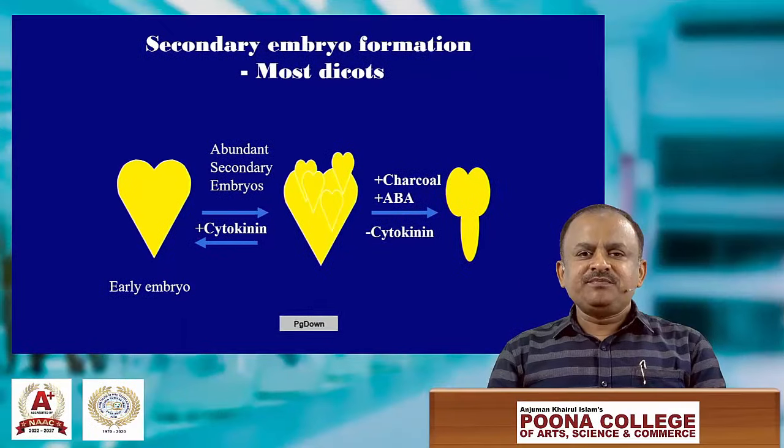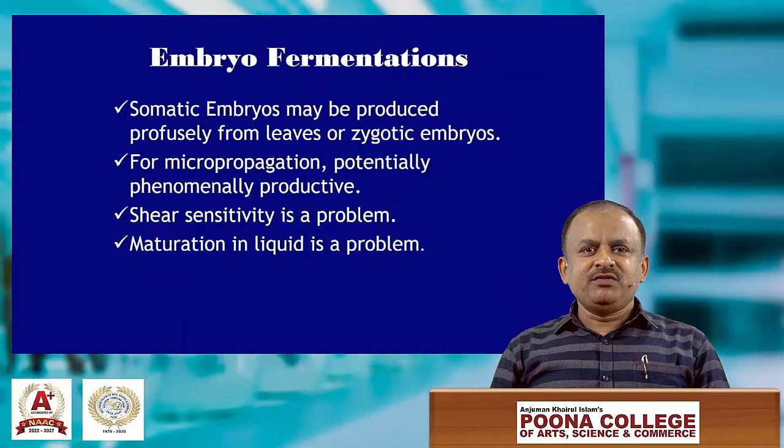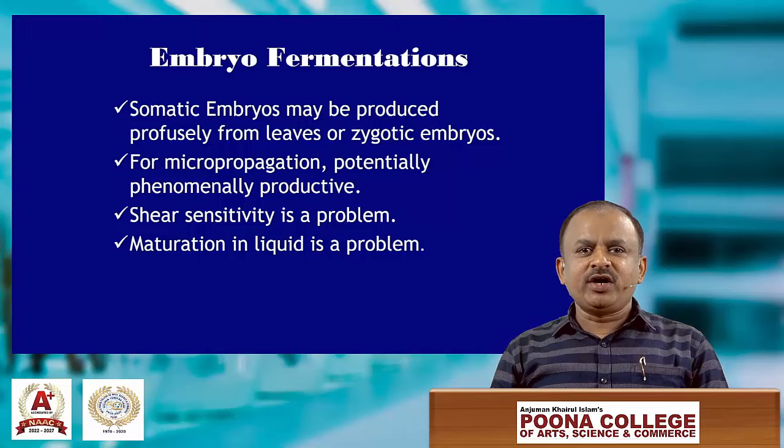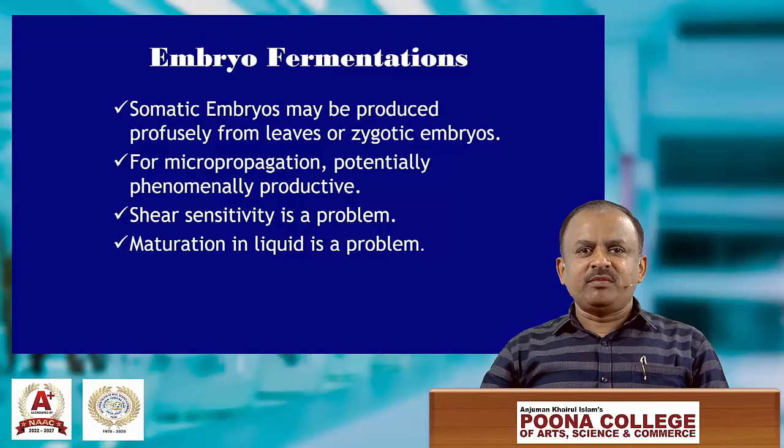In addition to this, in embryo fermentations we have to consider that somatic embryos may be produced profusely from leaves or zygotic embryos. For micropropagation, it is potentially phenomenally productive. Shear sensitivity is a problem, and maturation in the liquid also creates certain problems.